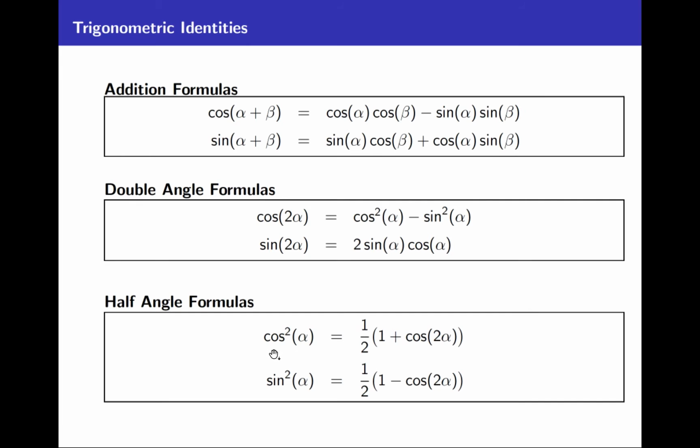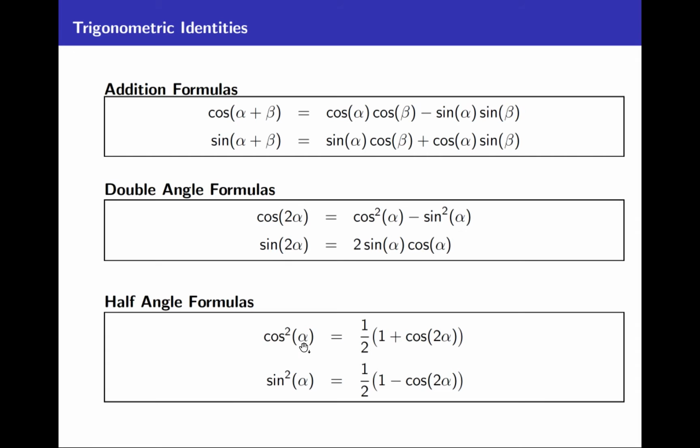I'll tell you one reason they're considered important. Notice that if you look at the expression for cosine squared alpha, you have a square on this side, but there's no square on the other side. And there are a lot of places in calculus where you're doing a computation and the square kind of is messing you up. You'd rather not have a square there just to make things simpler.